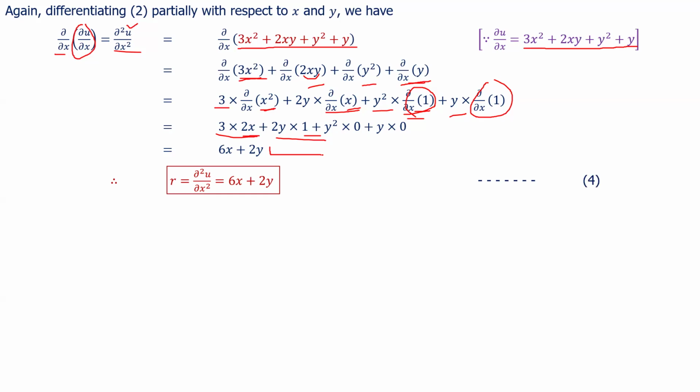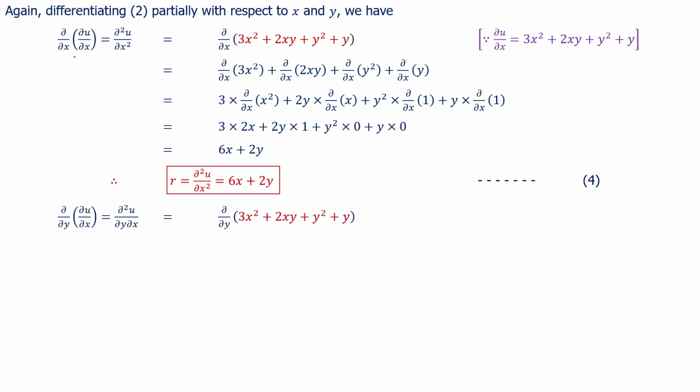Let us again differentiate this del u del x with respect to y. So we can write down del 2u del y del x. Now what is the value of del u del x? It is 3x square plus 2xy plus y square plus y. If we differentiate this with respect to y, we can write down the partial derivative of 3x square with respect to y, the partial derivative of 2xy with respect to y, the partial derivative of y square with respect to y, and the partial derivative of y with respect to y.